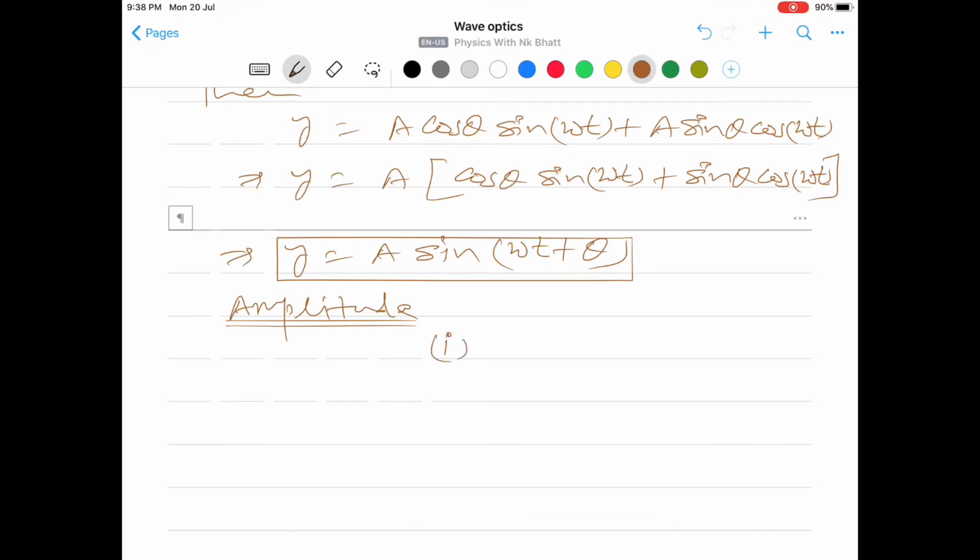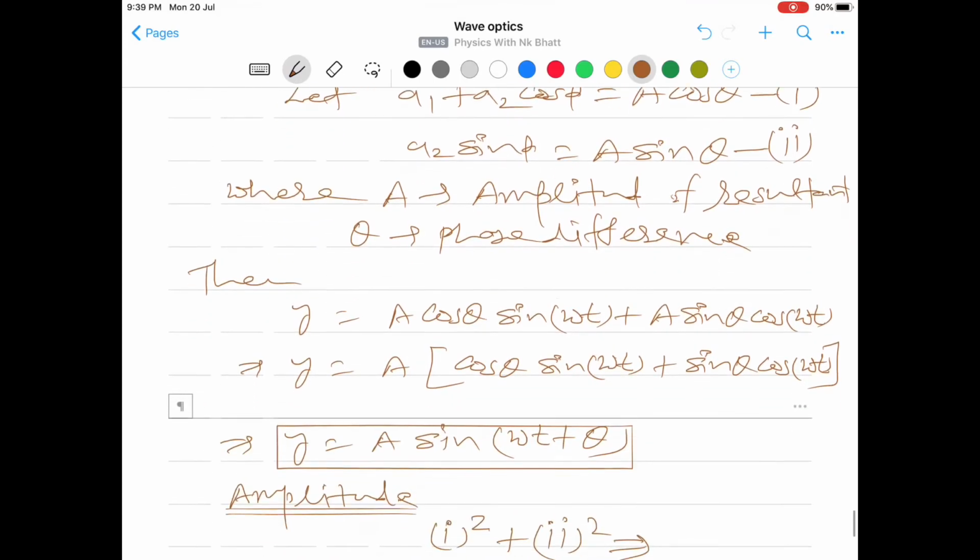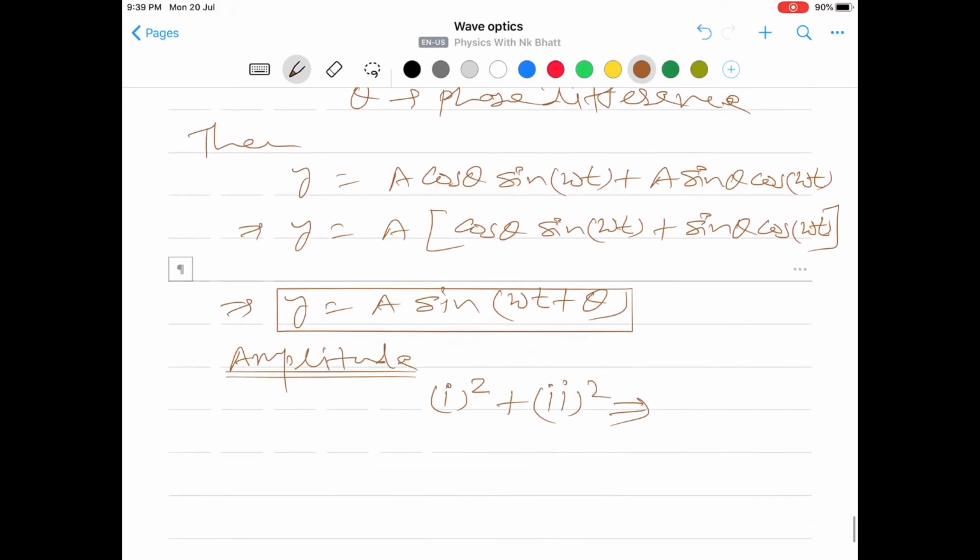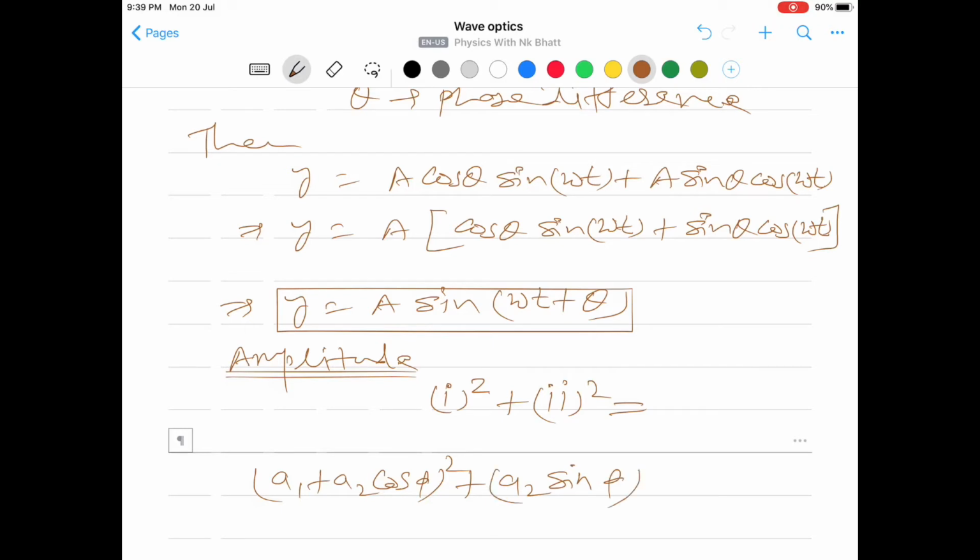The first square plus the second square will give us a1 plus a2 cos phi whole square plus a2 sin phi whole square is equal to a square cos square theta plus a square sin square theta.